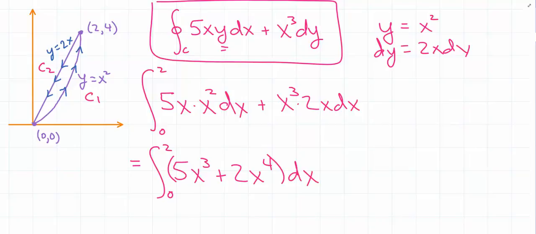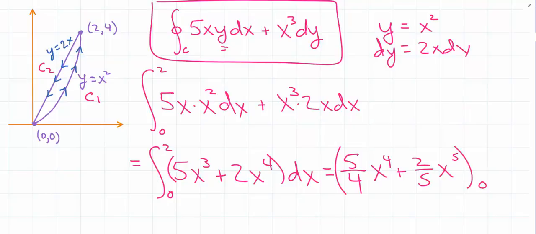If you see me mess up, let me know, because at this point it would just be a careless mistake. Now let's integrate and see what we get: 5 over 4 x to the 4th plus 2 over 5 x to the 5th, going from 0 to 2.